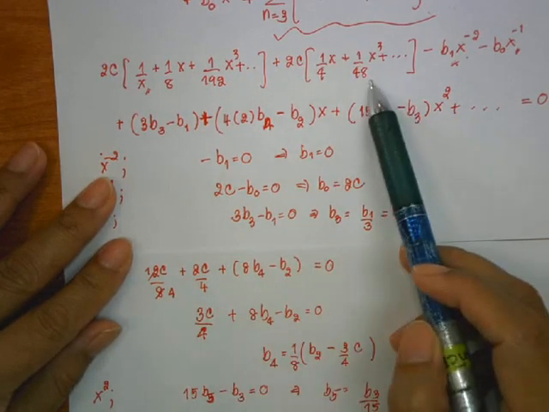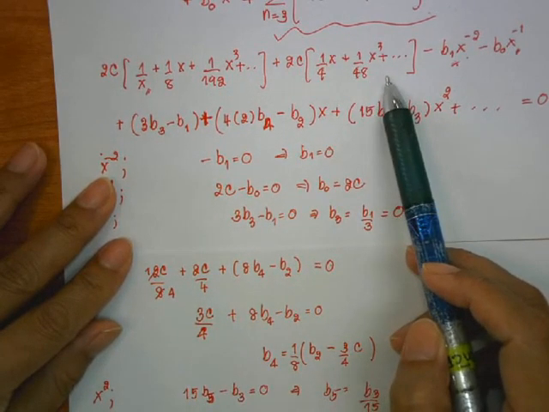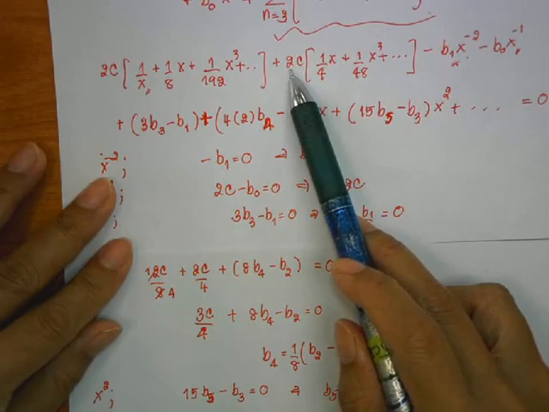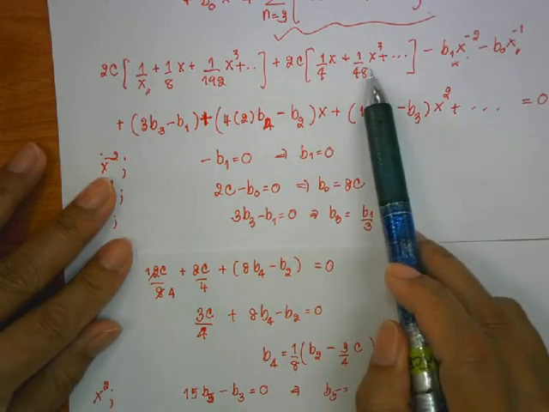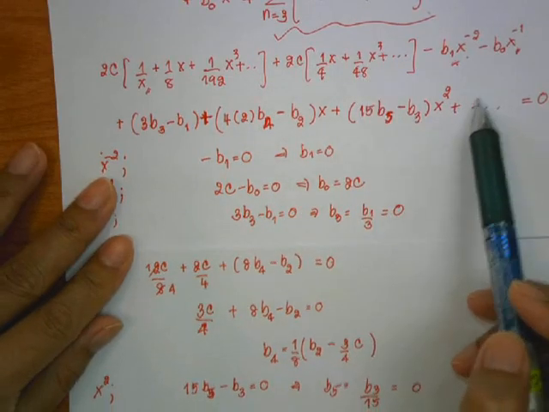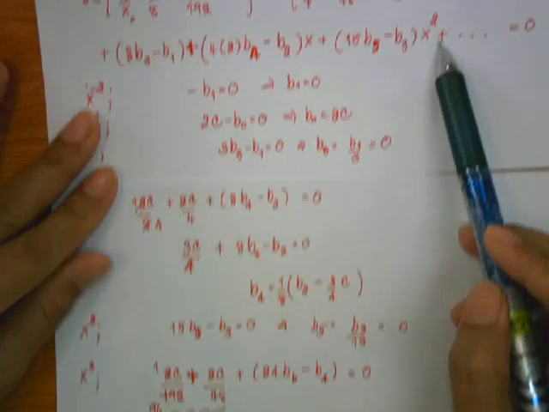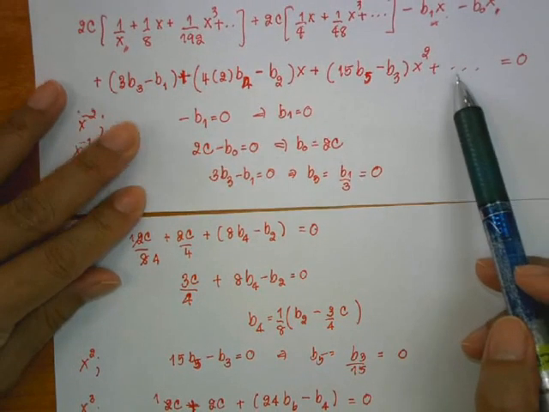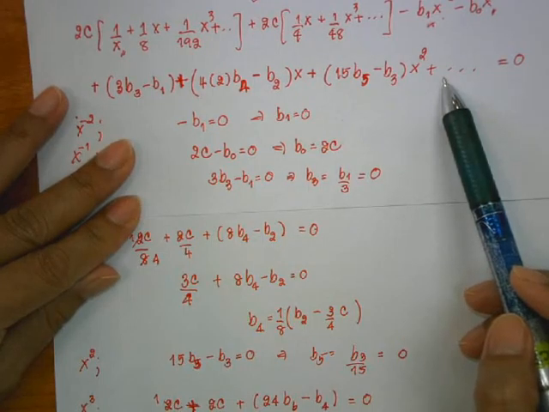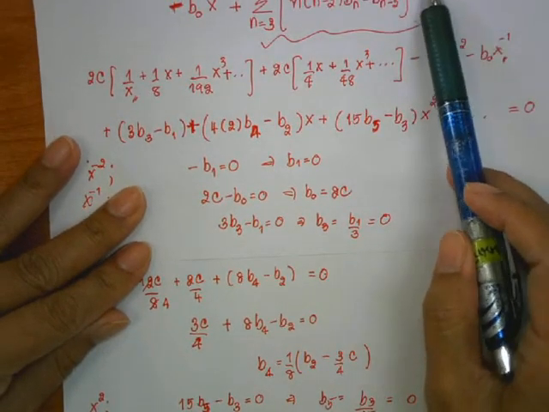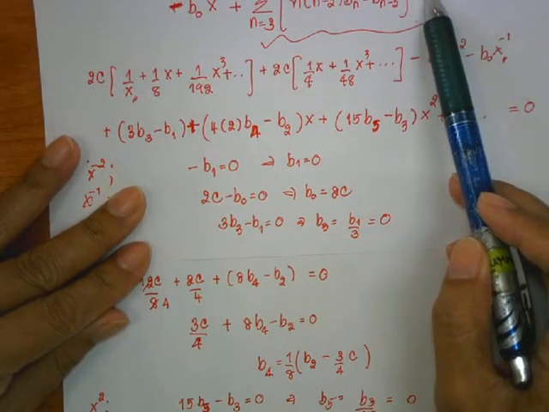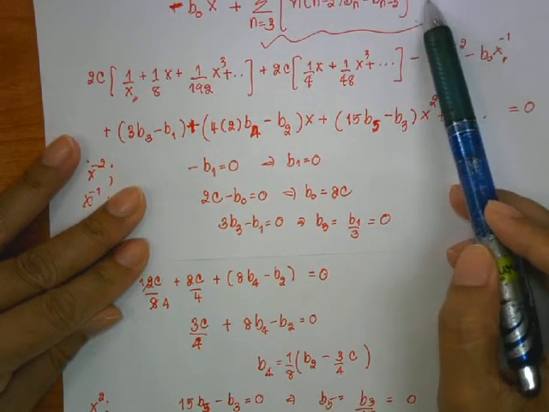This one also has x to the power 3, so we get plus 2c divided by 48. And then this term also has x to the power 3. So what we do is just put n to 5, n to 6, and we get x to the power 3.